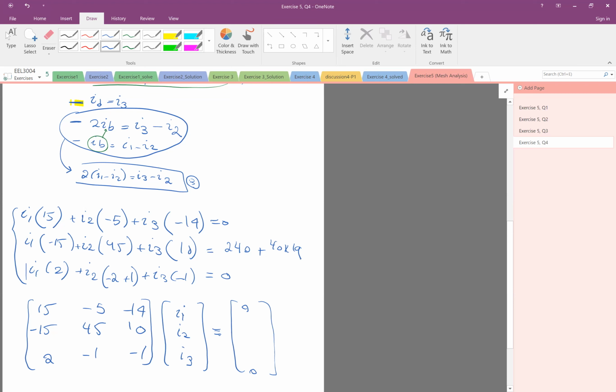Let me calculate it. I just put it here, 240 plus 40 times 90. Okay, we can solve for I1, I2, I3. So this is the matrix format.